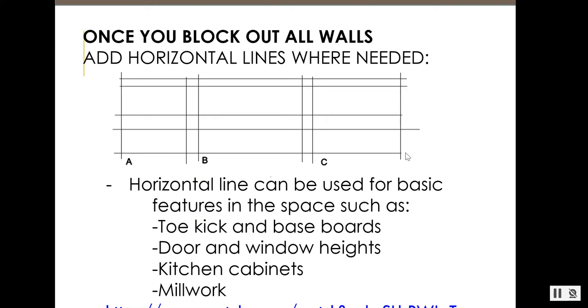So let's say a horizontal line for the floor, a horizontal line for the ceiling. Then maybe you have a countertop that comes up 36 inches, so you do one horizontal line for that. Maybe the backsplash is 18 inches, so you do a horizontal line for that. So it's great to block out your drawings, especially kitchens, this way.